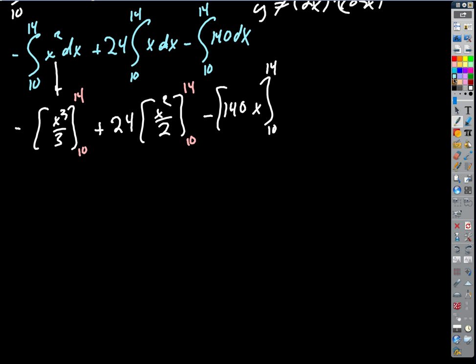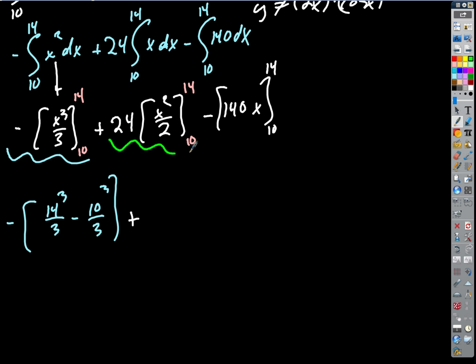So what does that mean? That means this whole part right here is going to be minus, what does this mean? This is that weird notation. It means I'm going to evaluate this at 14 and then subtract its value at 10. I find the difference in the values at the upper limit and the lower limit, right? So I'm going to get 14 cubed over 3 minus 10 cubed over 3. Whatever that is, that's just going to give me a number, right? Plus, how about this part?